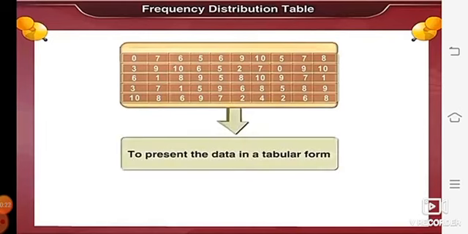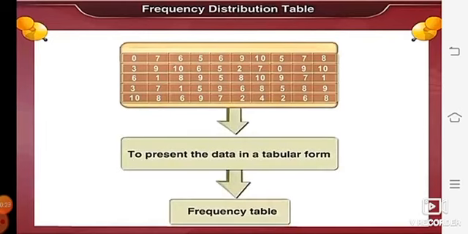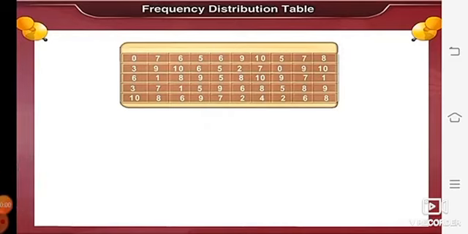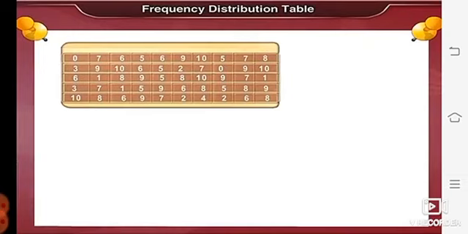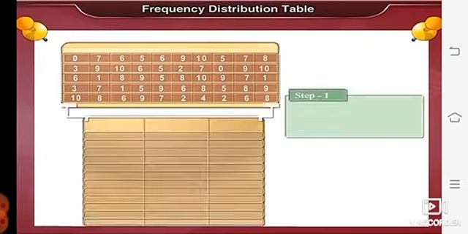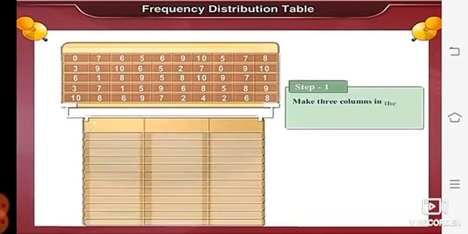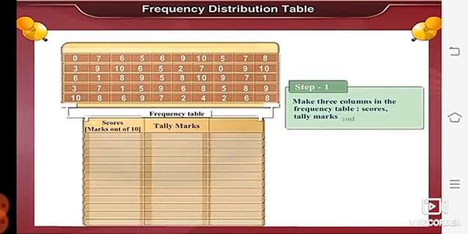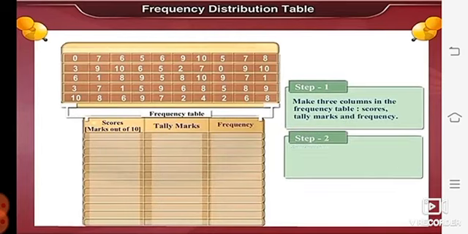Hence, it is convenient to present the data in a tabular form called the frequency table. We will now tabulate the results of the data. Let us take these steps and prepare a frequency table. We will make 3 columns in the frequency table: scores, tally marks and frequency.